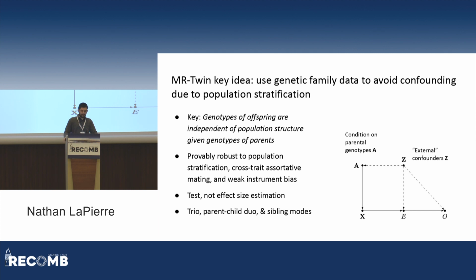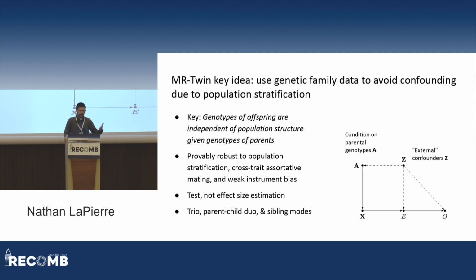And so now I've added that to the graph there. I'm now denoting A as the parental genotypes, and X are the offspring genotypes. You can see there, A is blocking this backdoor path from the offspring genotypes to the confounder.